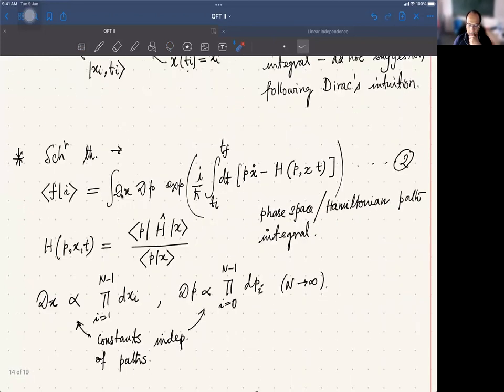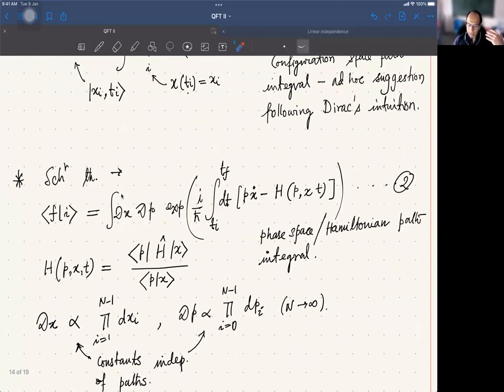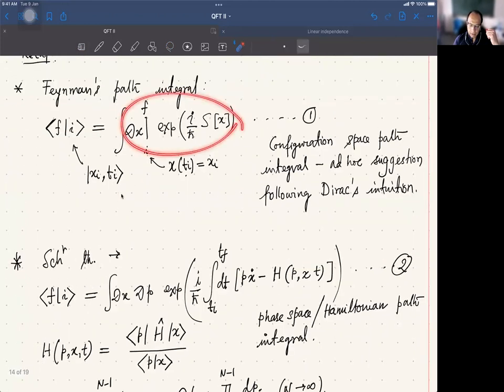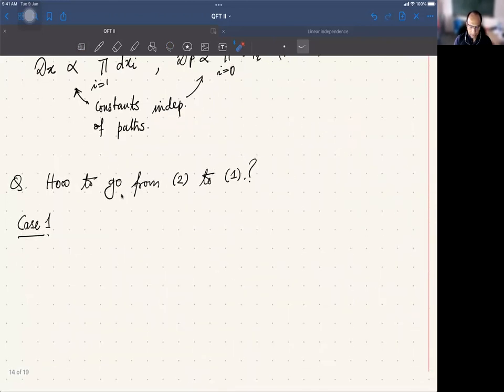The other case is a more general case where the Hamiltonian is not of that particular form, in which case this result is not directly the same as this. There are certain modifications, but the modifications have specific properties. The goal will be to figure out what those properties are. So let us start with case 1. Case 1 is the case where the momentum integral is Gaussian.